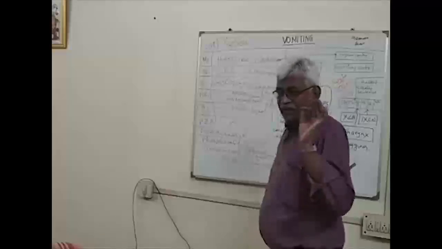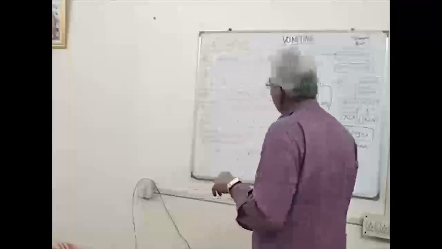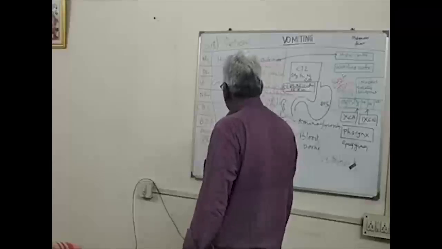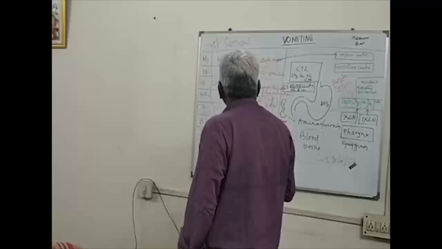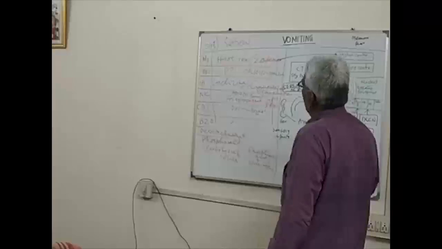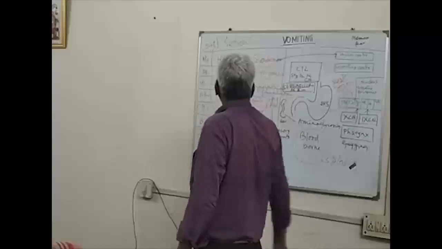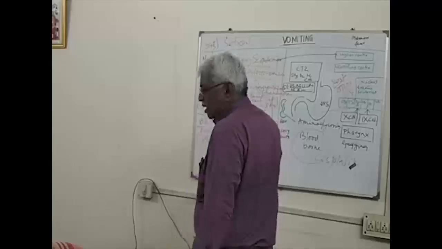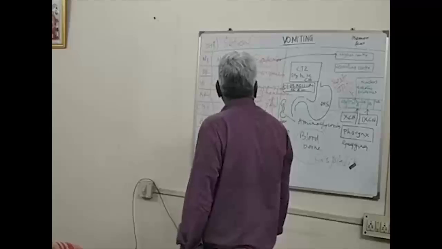Setrons can also be given for hyperemesis gravidarum, that is emesis during pregnancy, but other drugs should be given with prior thinking in pregnancy-induced vomiting. For M1 receptors, the drugs are hyoscine or scopolamine, for D2 receptors chlorpromazine, for H1 cyclizine and cinnarizine.